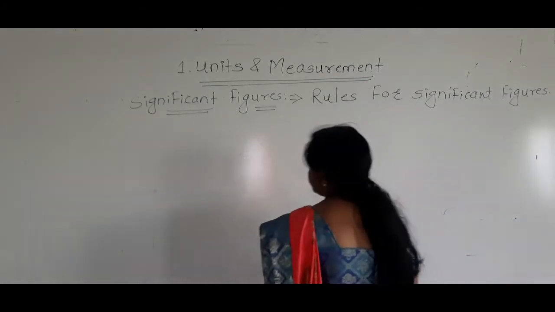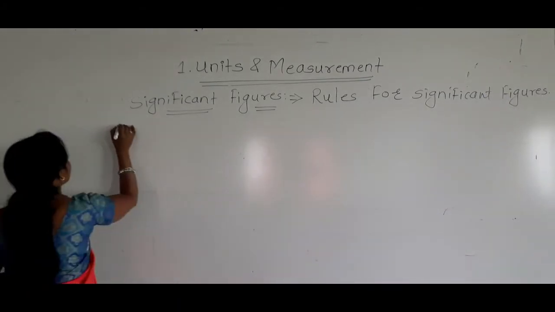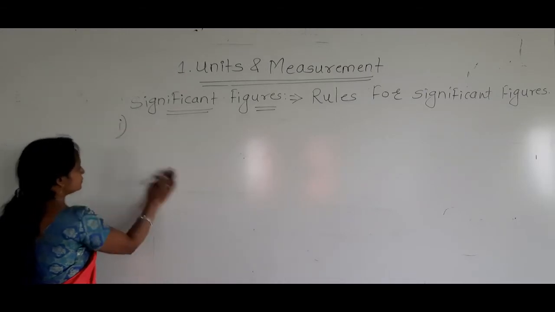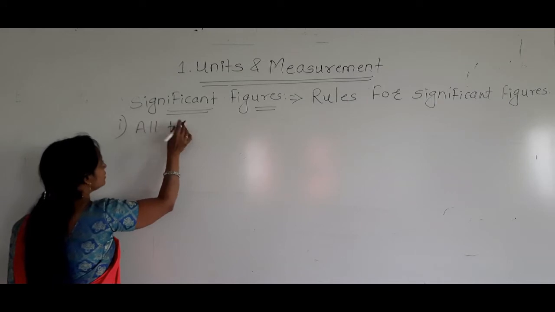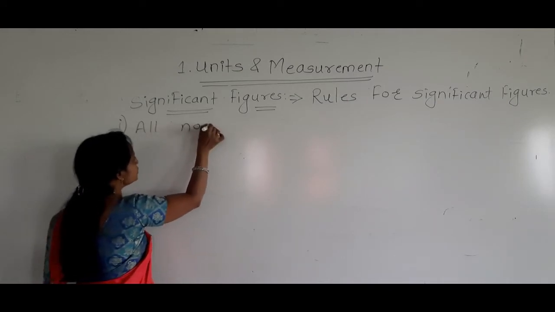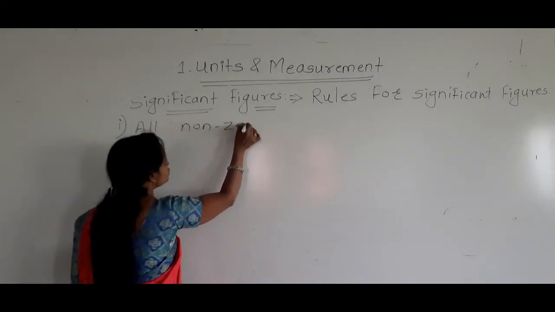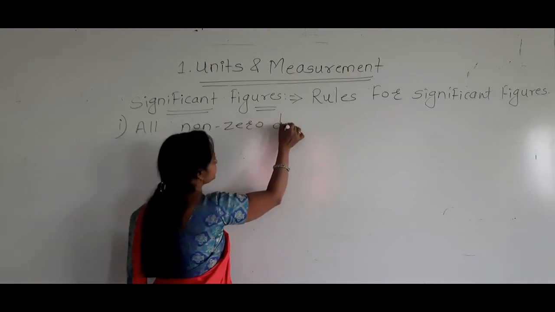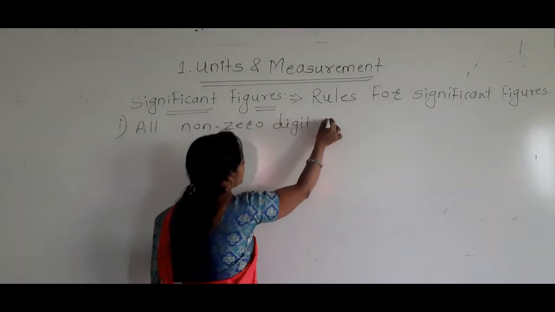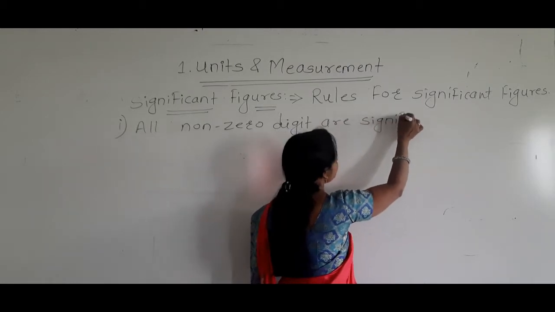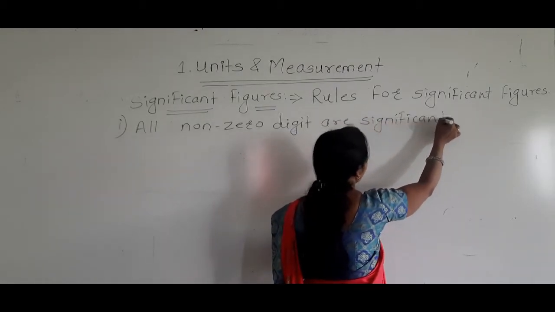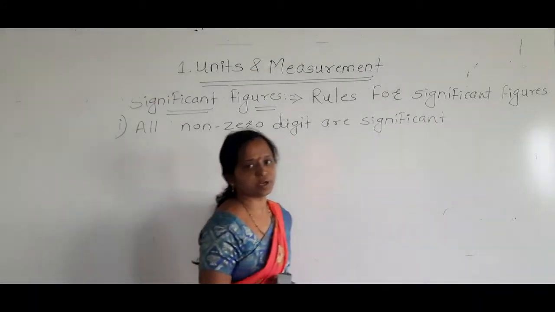First rule, that is: all non-zero digits are significant. All non-zero digits are significant.